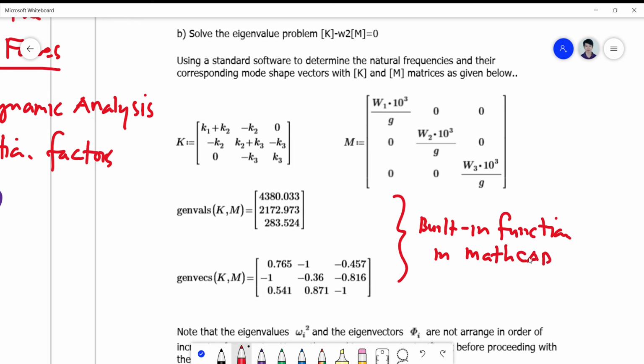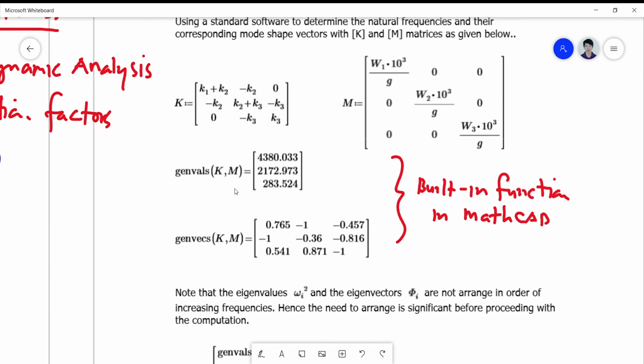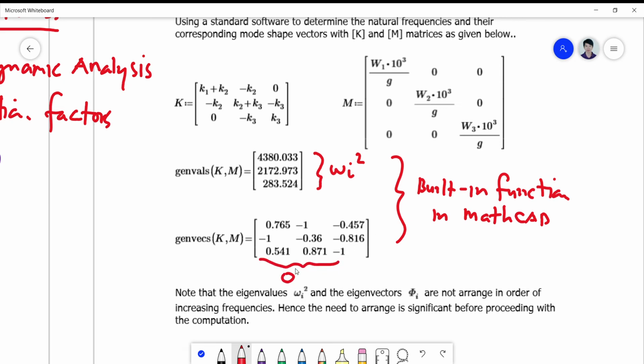But I'd like you to be careful that the eigenvalues, the omega i squared, and the phi ij are not arranged in order of increasing frequency.